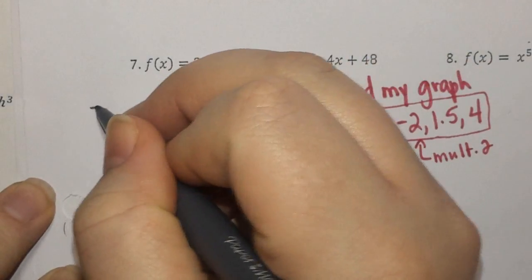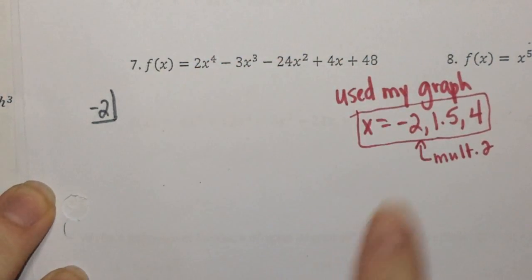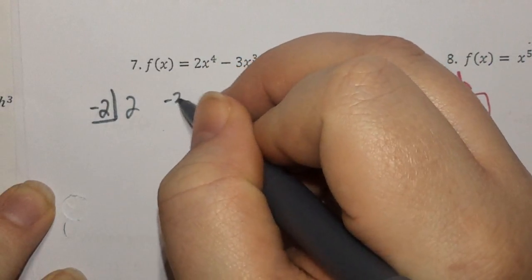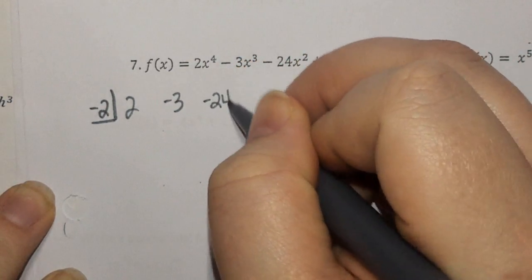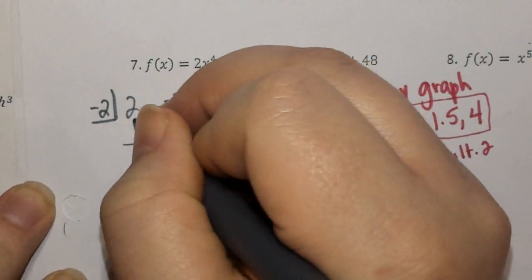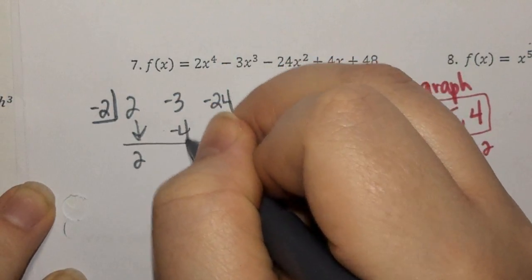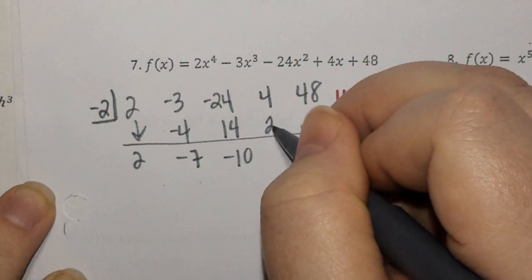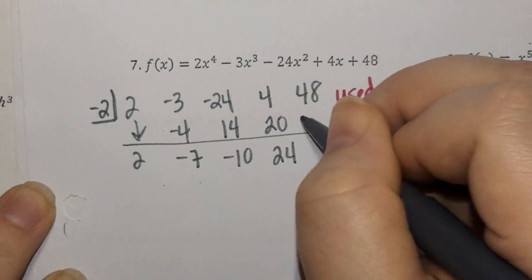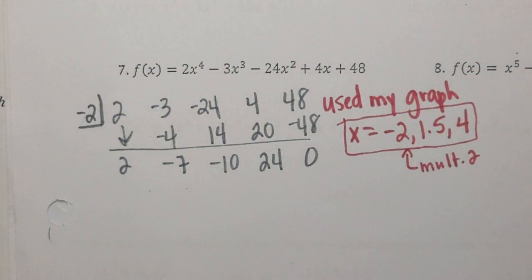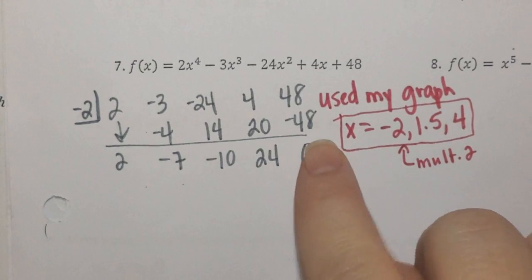Negative 2 is one of my answers. So I'm going to use negative 2 with synthetic division. Breaking down by 2. Positive 3, negative 10, negative 20, 24, and 48, 0. Again, I'm so good at synthetic, I do it fast now, but I know I'm right because I got a remainder of 0.